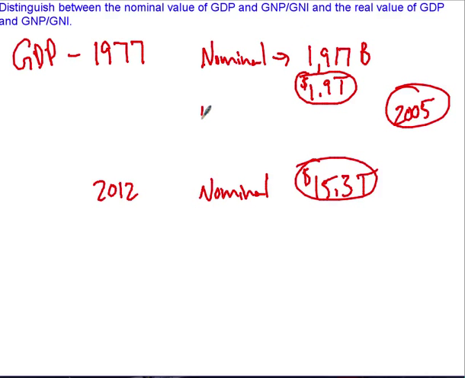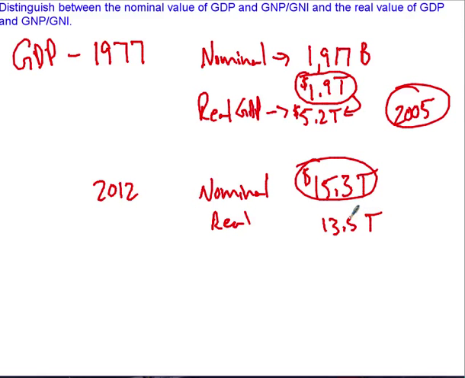When we convert this, we get the real value. The real value of GDP in 1977 is about 5.2 trillion, and the real GDP in 2012 is 13.5 trillion.